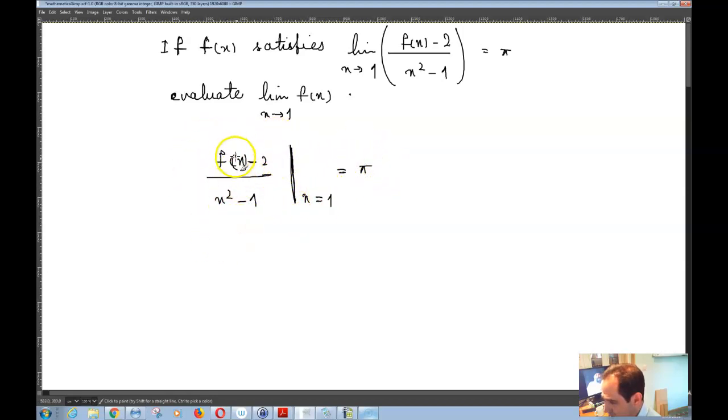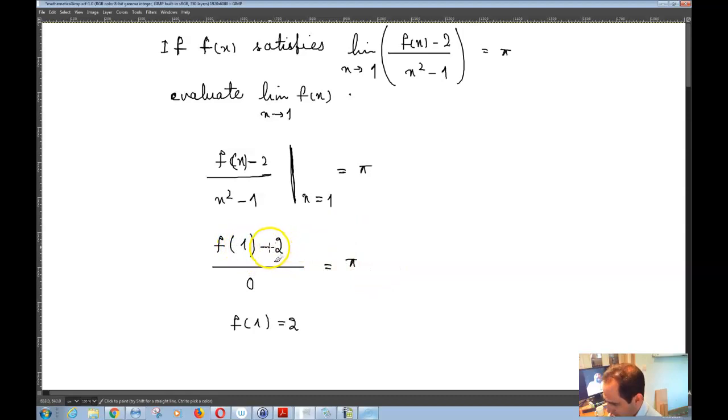And what that means is that then f of 1 minus 2 over 1 squared minus 1, which is 0, is equal to pi. Which means that f of 1 is equal to positive 2. If you cross multiply, f of 1 minus 2 is equal to 0.